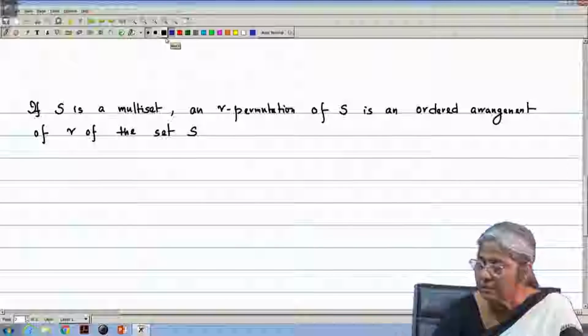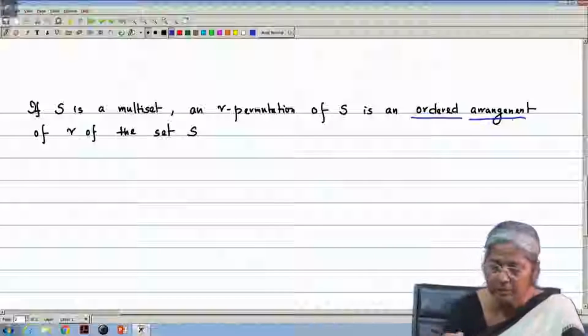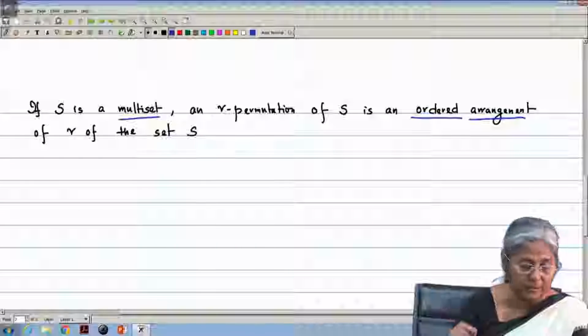So, this is the same, only this is again an ordered arrangement, only we have taken this as a multiset.